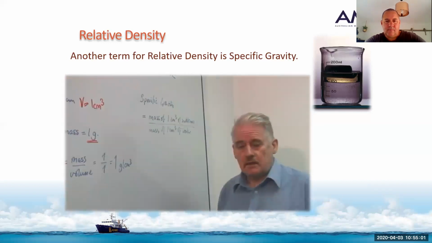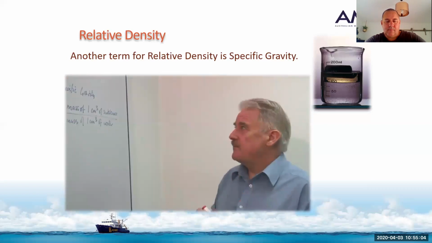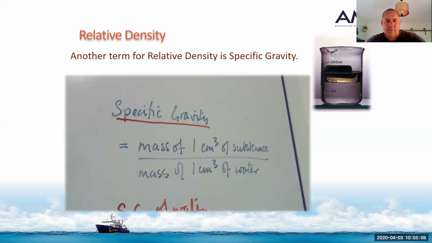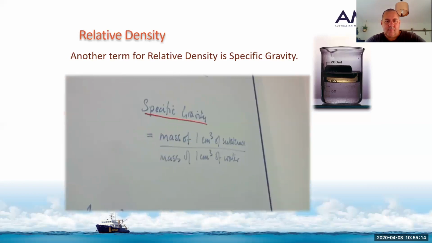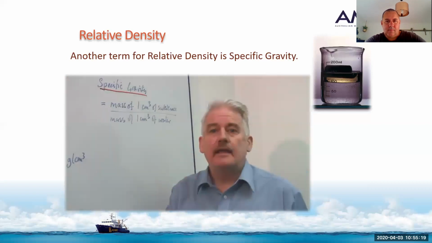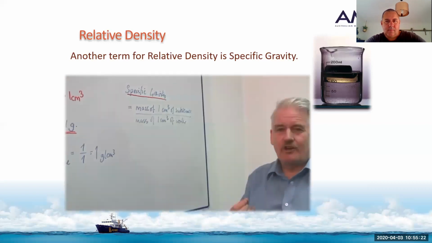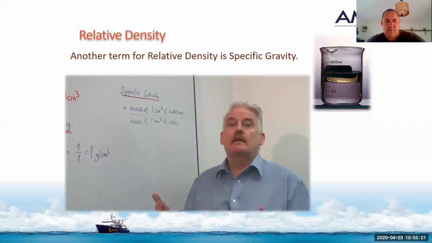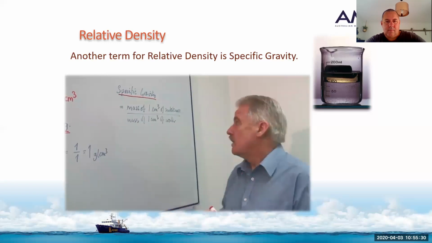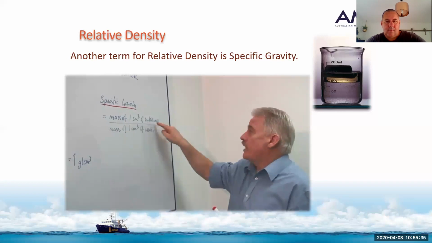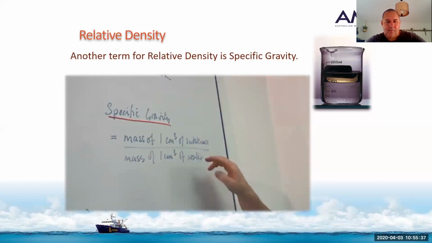Now, specific gravity is slightly different from density and much more useful, because specific gravity tells us how much heavier some material is compared to water. So it is not how many grams per centimetre cubed, it is a number. It is a ratio. So it is the mass of a cube of whatever substance you're interested in divided by the mass of water.